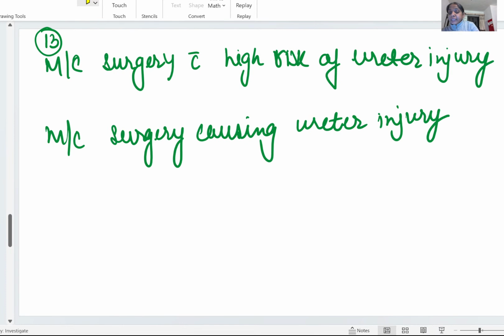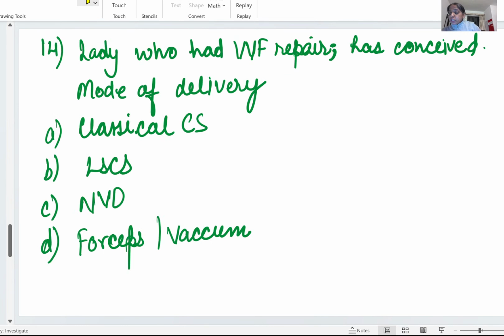Question number 13: most common surgery with high risk of ureter injury. And which is the most common surgery which causes ureter injury? These are two different questions.